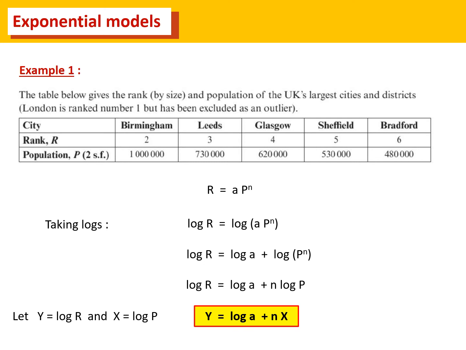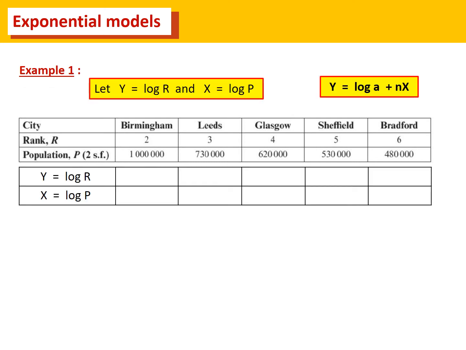So we need log R, log P. Therefore, let's form a new table of values. When R is 2 for Birmingham, log R is 0.301. And when P is 1 million for Birmingham, log P equals 6.